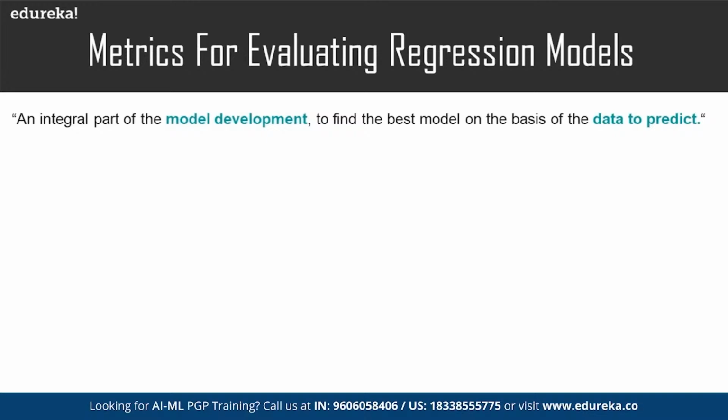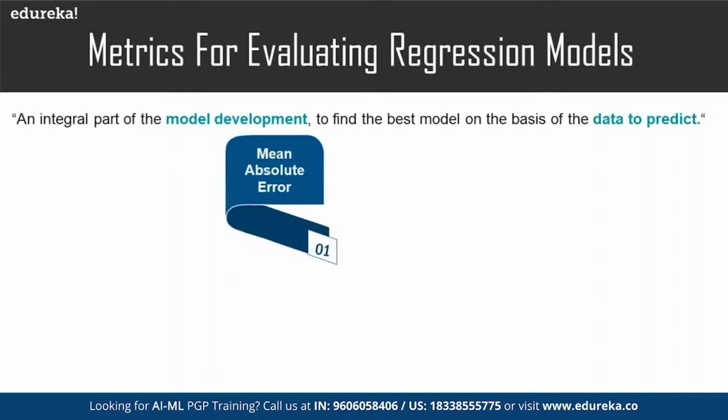Unless we have such metrics in place, that is actually the target we look towards when we develop such models, because we don't know what to train the model on and what our expected results would be, and all that happens through these metrics. We call them error metrics, or otherwise performance metrics, and they are also known as evaluation metrics, because that is how the models we are training get evaluated as a part of the modeling process.